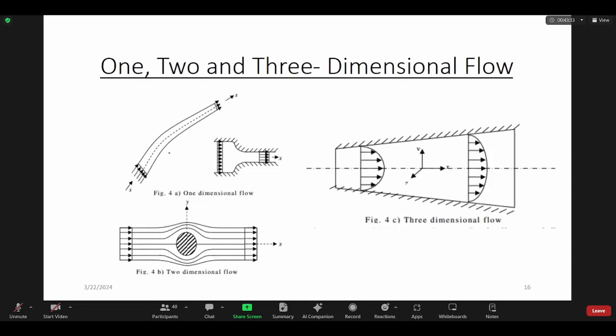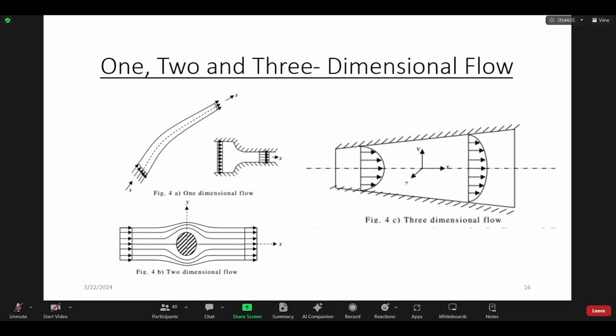Three-dimensional means you can see a figure. Using this figure, you can identify this is a pipeline. The liquid is going through the pipe in this direction, and its velocity profile is also in this direction, the x direction. That means one-dimensional flow.